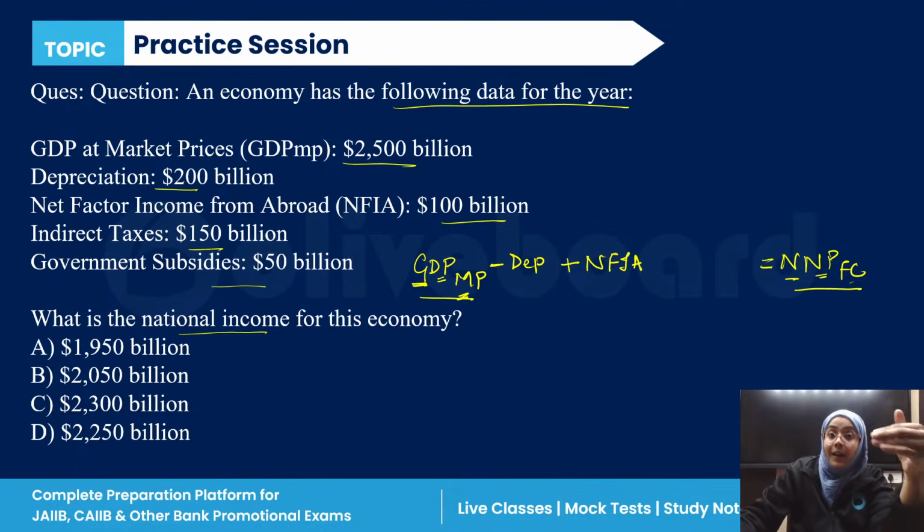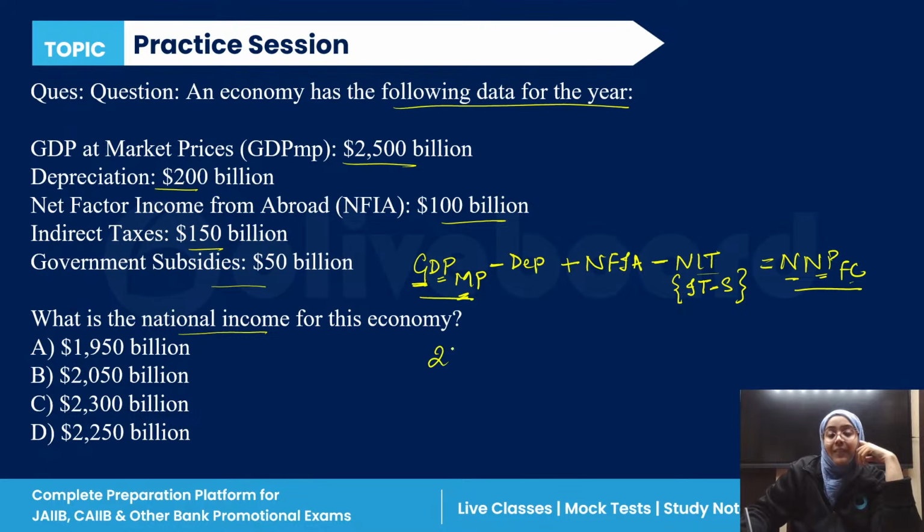Market price is the price at which a product is sold in the market, which is bigger, right? So market price to factor cost means minus the net indirect taxes, and net indirect taxes is indirect taxes minus subsidies.